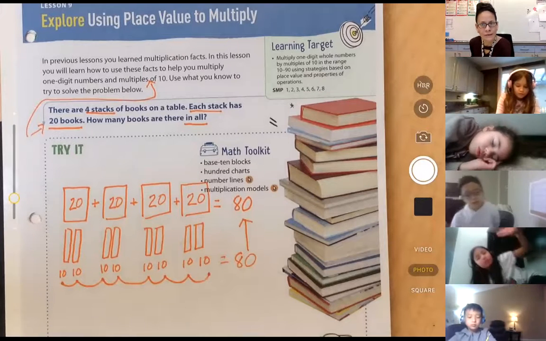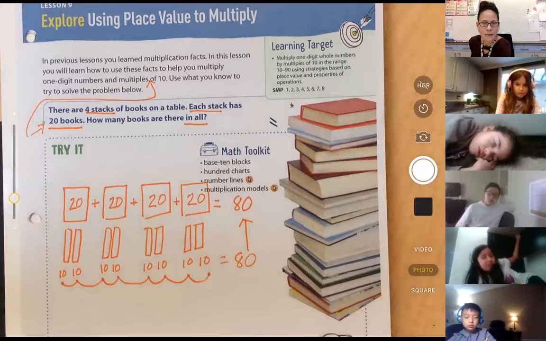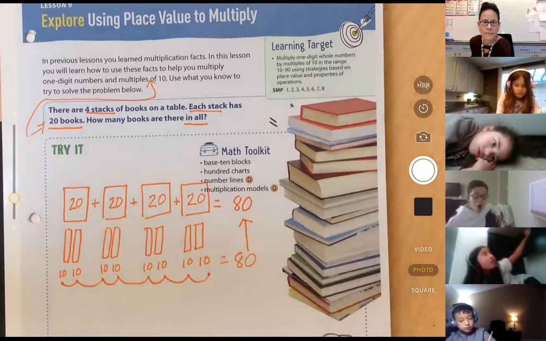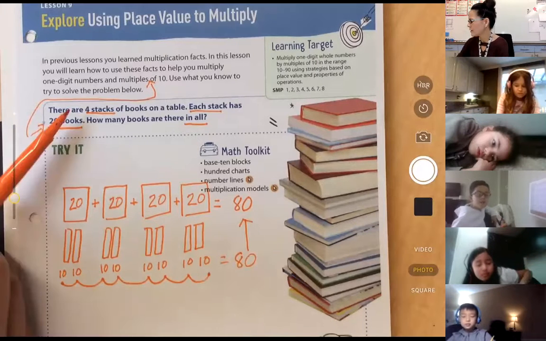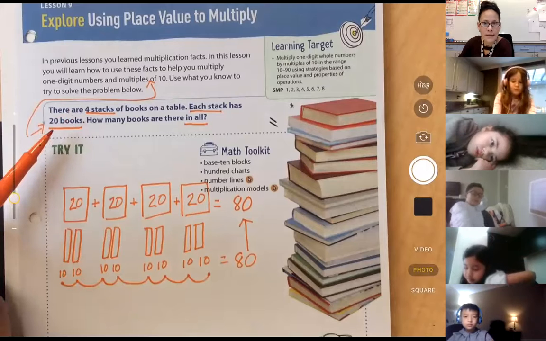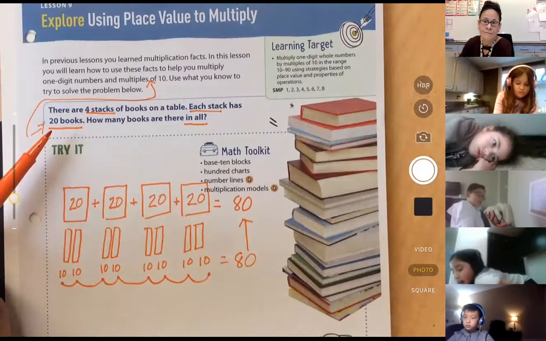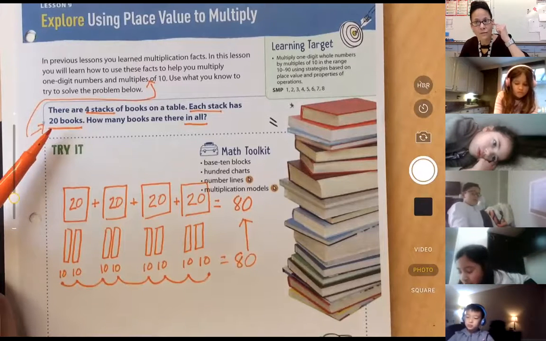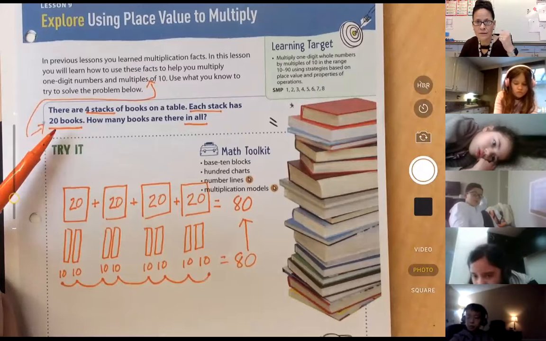Another quick way of looking at this, we have 4 stacks. Each stack has 20 books. Mental math says we can do this.